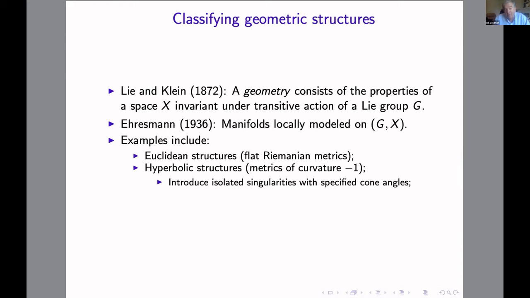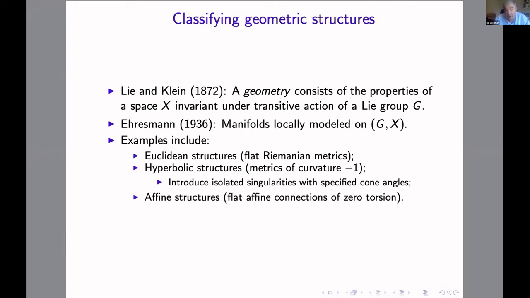These are very important in the previous example of Euclidean structures, where translation surfaces or abelian differentials or quadratic differentials on Riemann surfaces have played a very important role, but I don't think I'll have much time to discuss that.